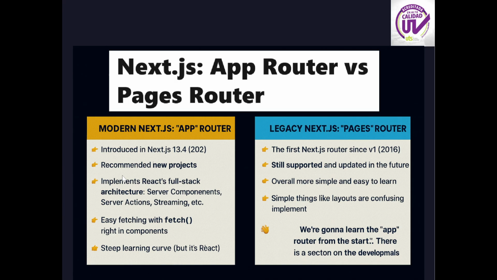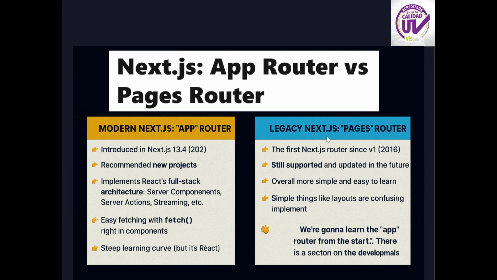All these are only available in the modern app router. In other words, we cannot use those cutting edge features with the Pages router. The Pages router is the legacy router.